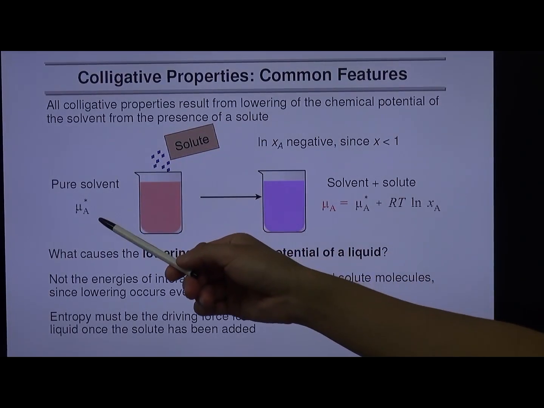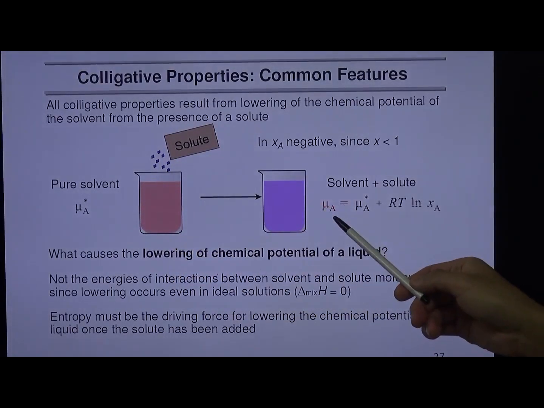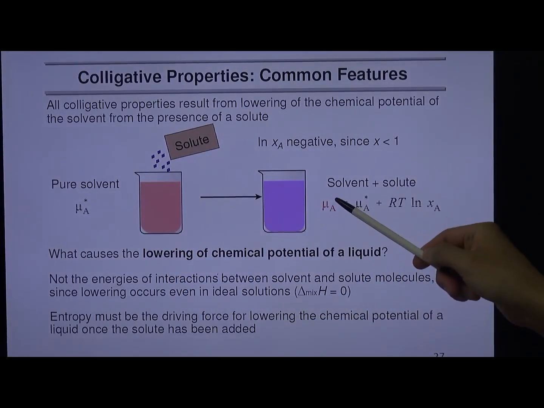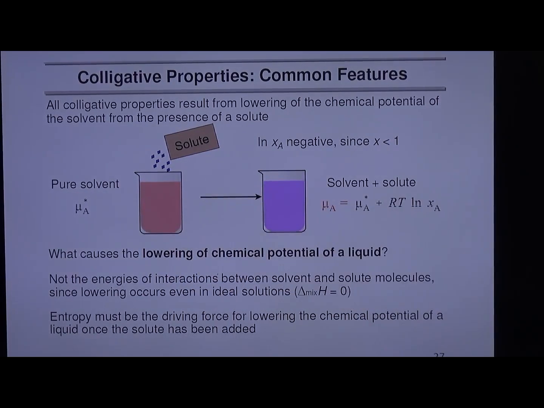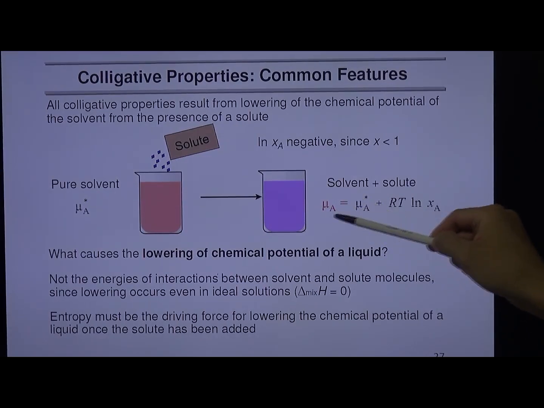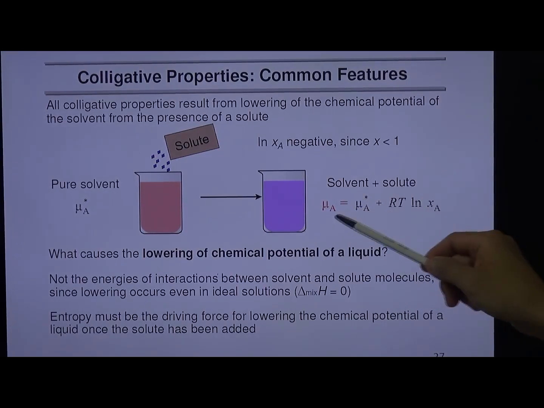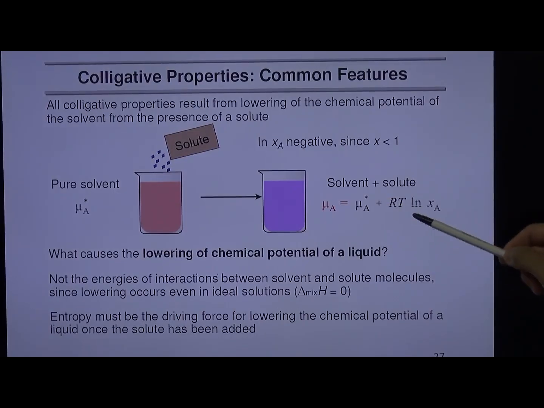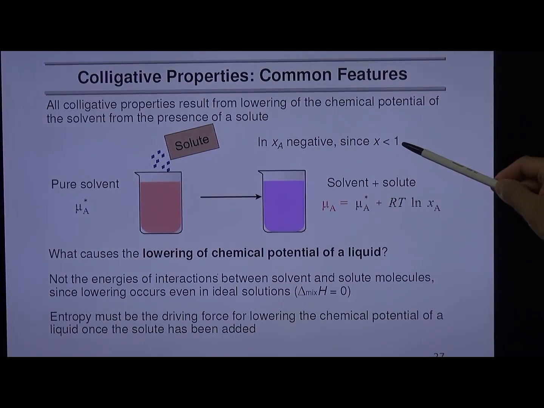So compared to pure solvent, the solution, especially the solvent, has lower chemical potential compared to its pure form, because if we assume that this solution forms an ideal dilute solution, the solvent should follow this formula, right? Mu A should be equal to mu A star plus RT ln XA. And XA is smaller than 1, okay? Since this is a mole fraction, this part is negative.